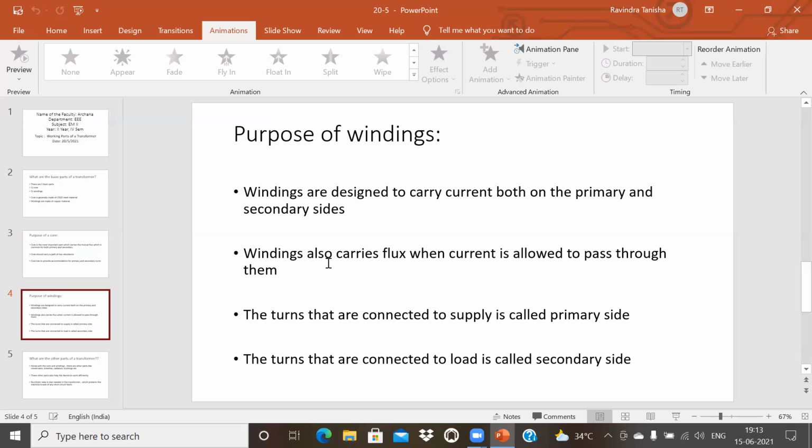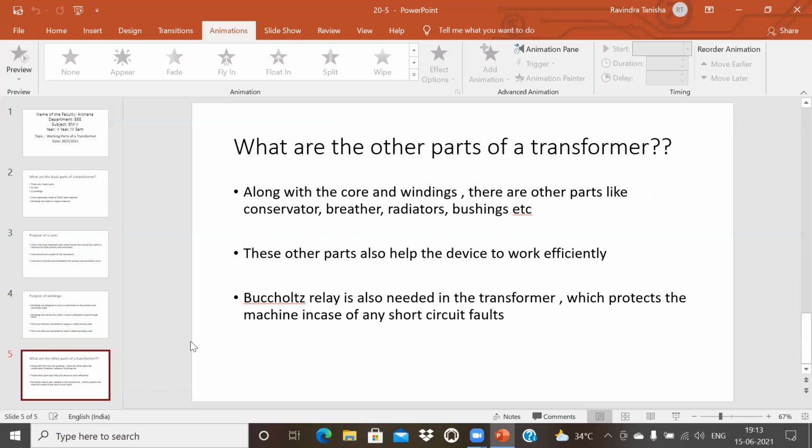Both these sets of windings are very important. If there is no winding, then no current can flow through the transformer, hence no flux is developed, and hence no EMF is induced. That's why windings also play a vital role.